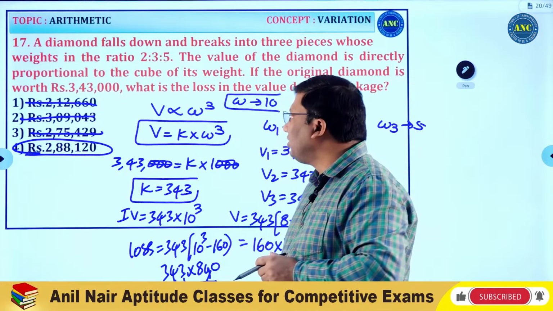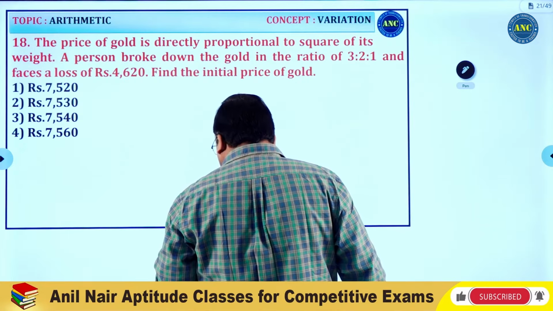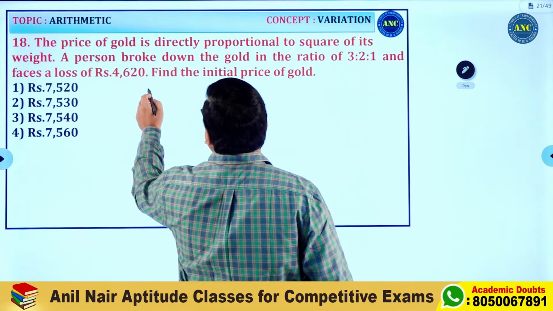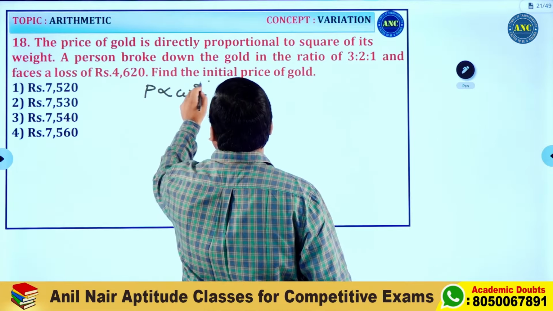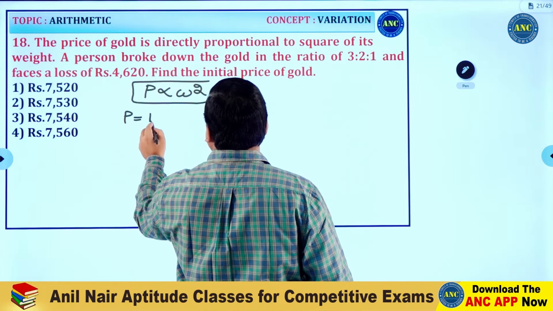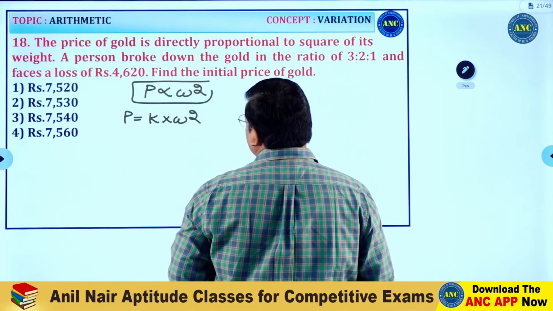The price of gold is directly proportional to the square of its weight. P is proportional to W square. P is equivalent to K into W square.